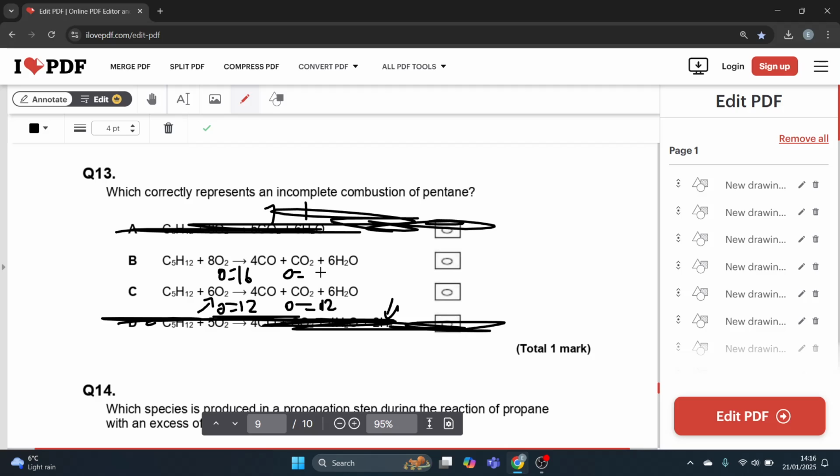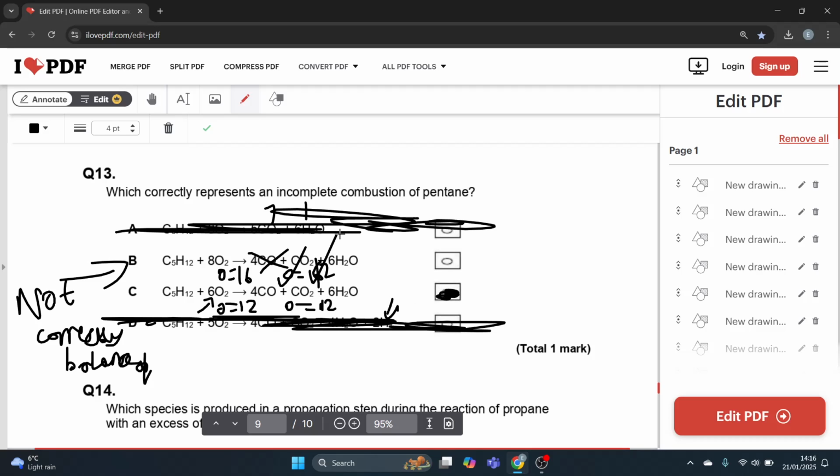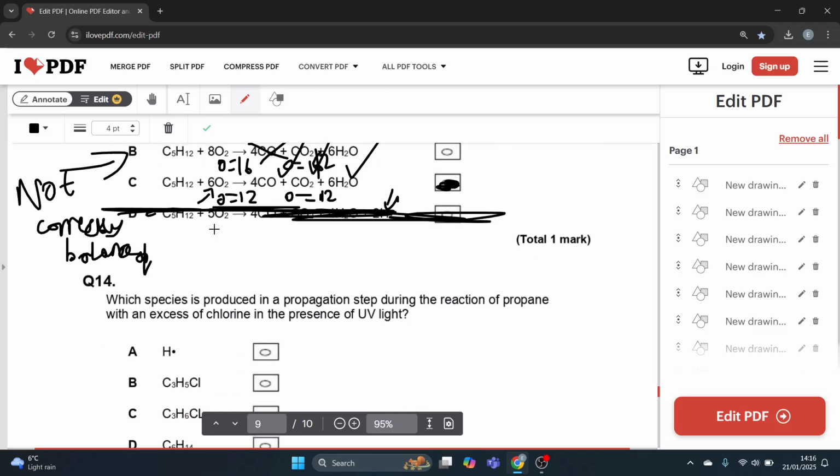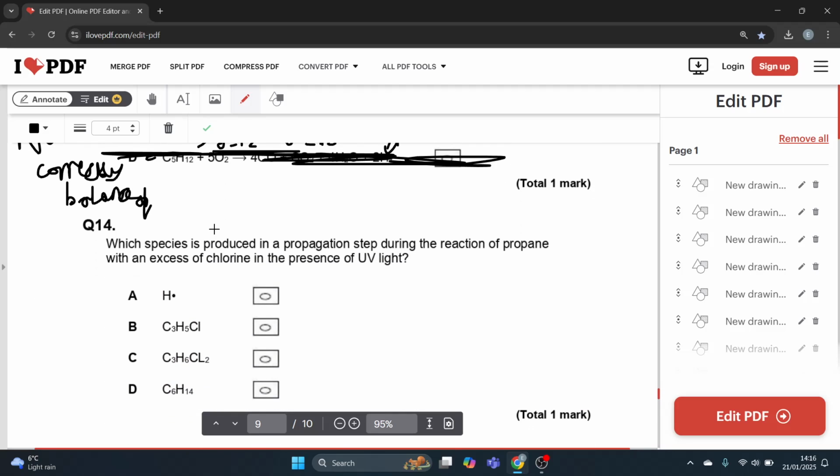So that is not it because it's not correctly balanced. Therefore, the answer must be C. We form carbon dioxide, we form carbon monoxide, we form H2O, and it's completely balanced. Perfect.